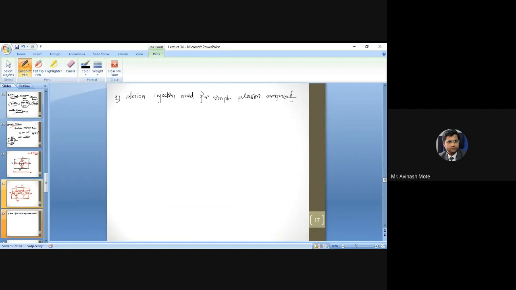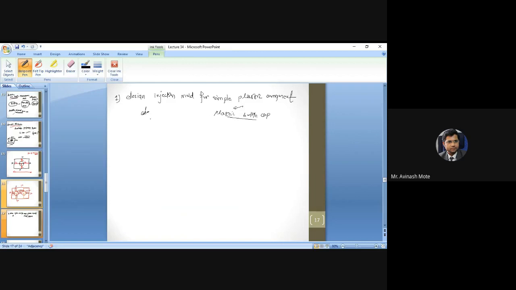The component given is a plastic bottle cap.